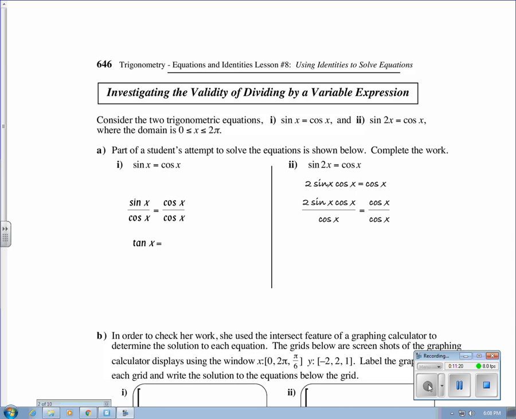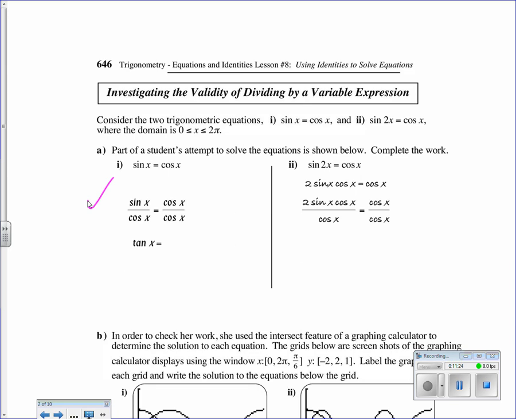It turns out that on this side you can, because there is a point at which sine x is in fact equal to cosine x, and it doesn't happen when cosine x is 0. So here we know cosine x does not equal 0. So this student was okay in doing this work.